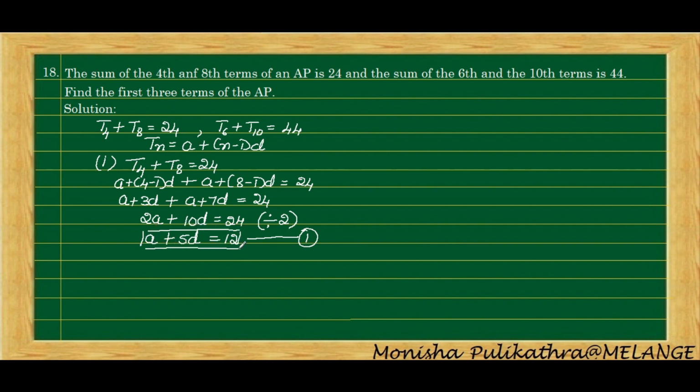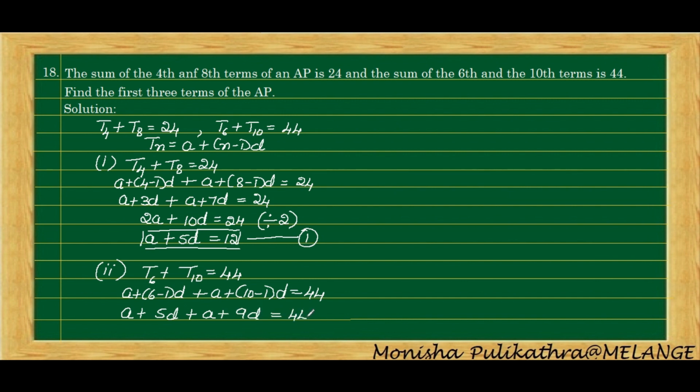Equation 1. After getting this, we have to solve the second equation, that is T6 plus T10 is equal to 44. Again applying the Tn formula, it will become A plus 6 minus 1 into D plus A plus 10 minus 1 into D is equal to 44. So it will become A plus 5D plus A plus 9D is equal to 44.